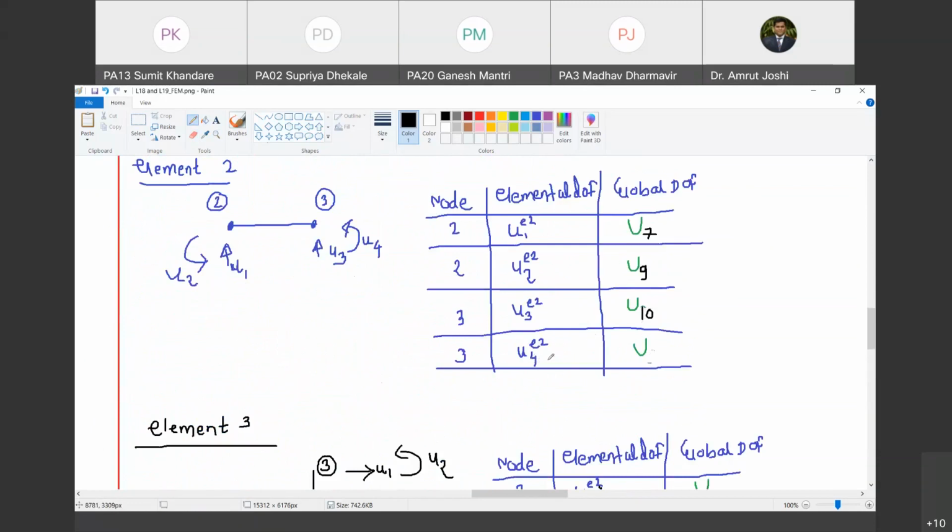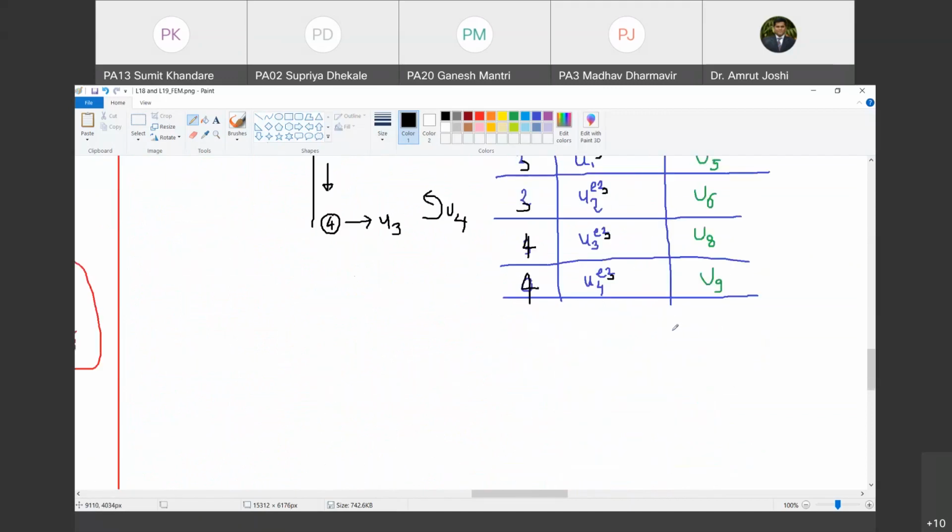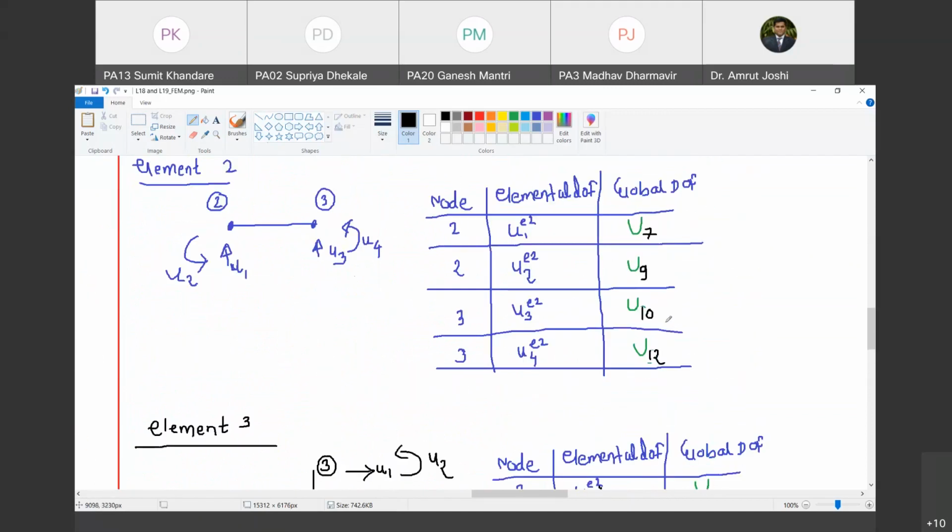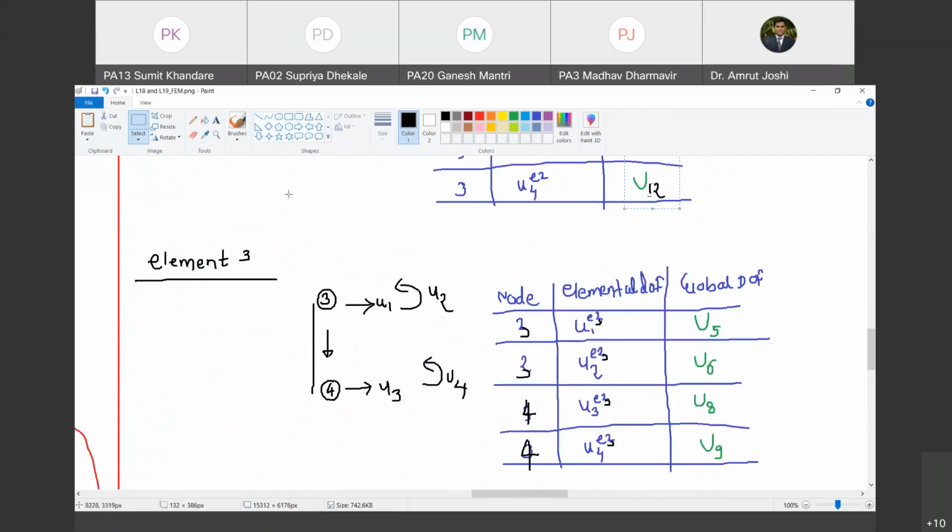And U12. So you have to also look at, oh, where did I change it?